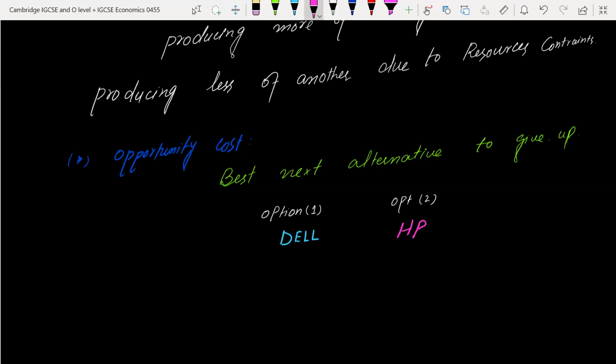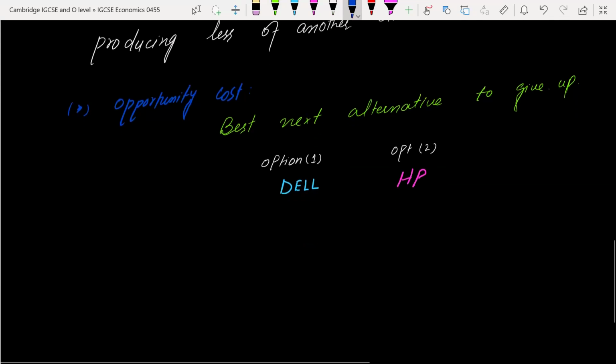Both are alternatives, the best next alternative. First of all, you will think about your resources and you will finally select, for example, Dell, so it will be your choice. And you are going to give up the other one, so HP will be your opportunity cost.